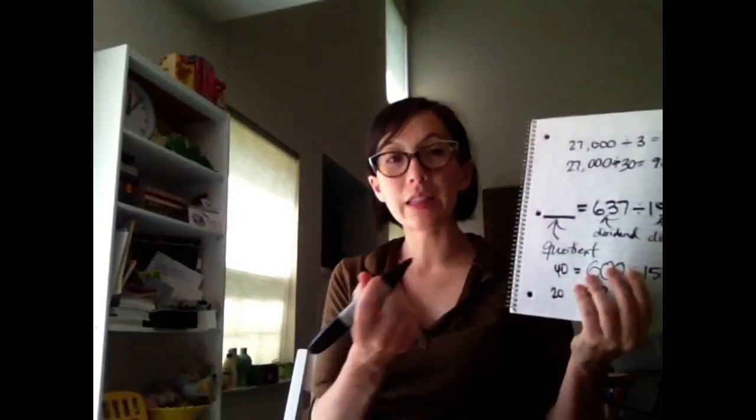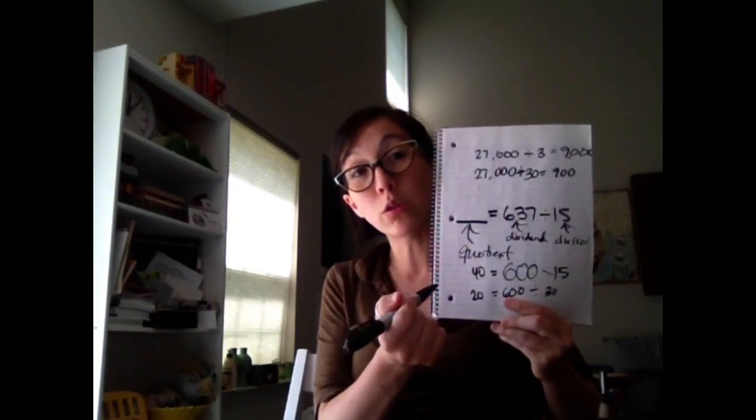So 3 goes into 6 2 times, right? So 30 is going to go into 60 2 times. 30 will go into 600 20 times. So 600 divided by 15 is going to be 40. So I'm estimating that 637 divided by 15 is close to 40.